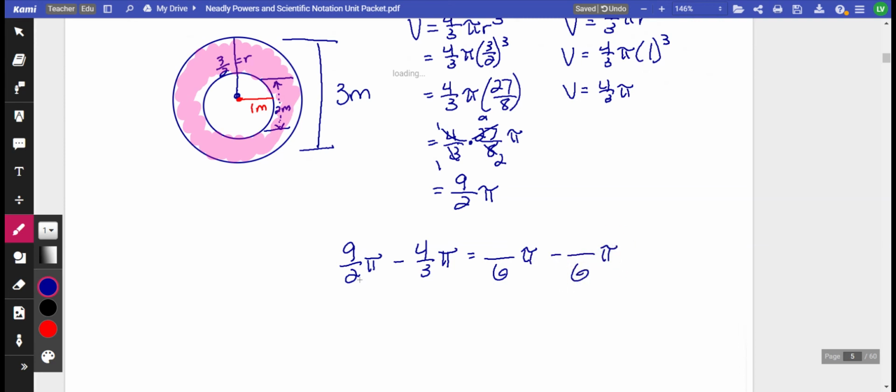First fraction, to get from 2 to 6 I multiply by 3. 9 times 3 is 27. Second fraction, I have to multiply it by 2, so that gives me 8/6. 27/6 pi minus 8/6 pi is going to give us 19/6 pi cubic meters.